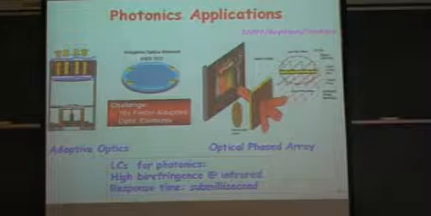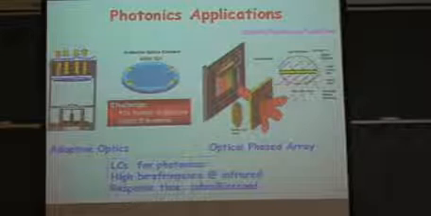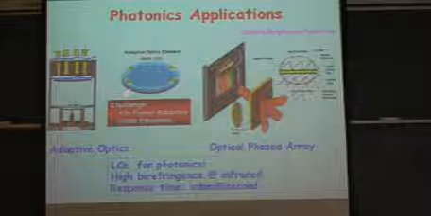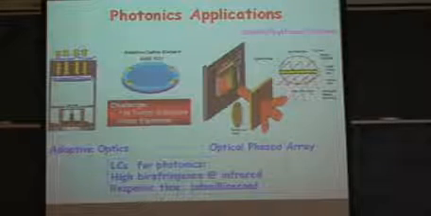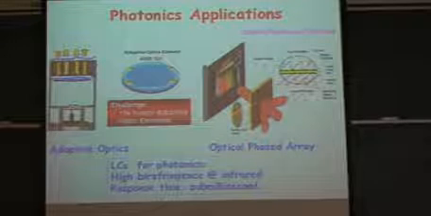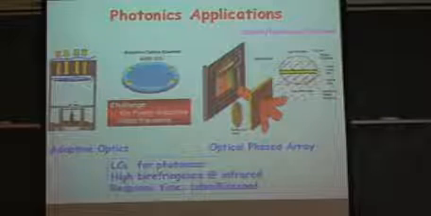We already know the liquid crystal display, but high birefringence liquid crystal is also used in photonic applications. It has been used in adaptive optics for correcting atmospheric aberration, and also in optical phased arrays for laser beam steering.